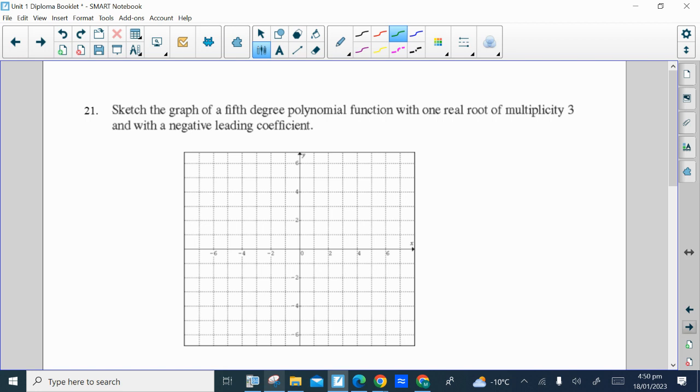Number 21, sketch the graph of a fifth-degree polynomial function with one real root of multiplicity 3 and a negative leading coefficient. So, if it's a fifth degree polynomial, we learned that there has to be 4 direction changes.